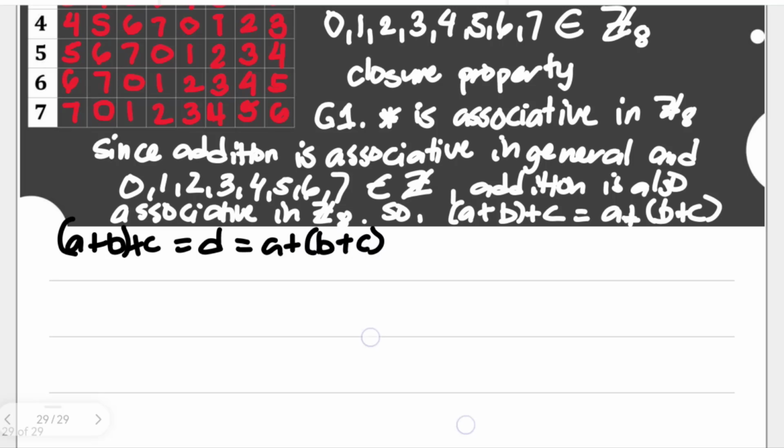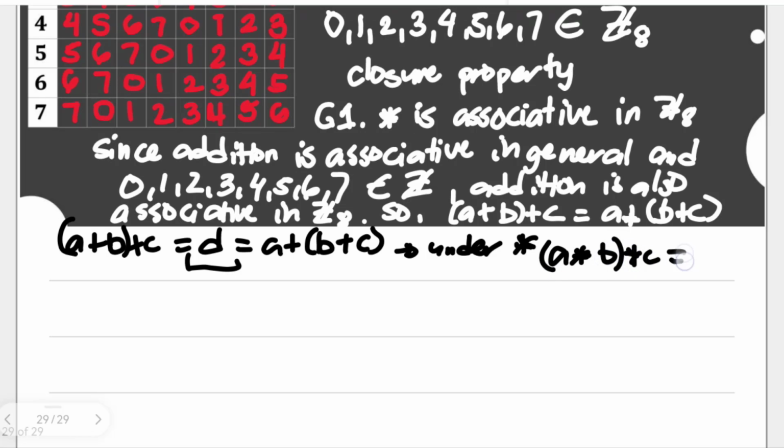So they have the same result of D. Under star, since they already have the same result, A star B star C must also be the same as A star B star C with the other grouping, because this will just use the value of modulo 8 on the sum of the three elements, which we already identified as the same.